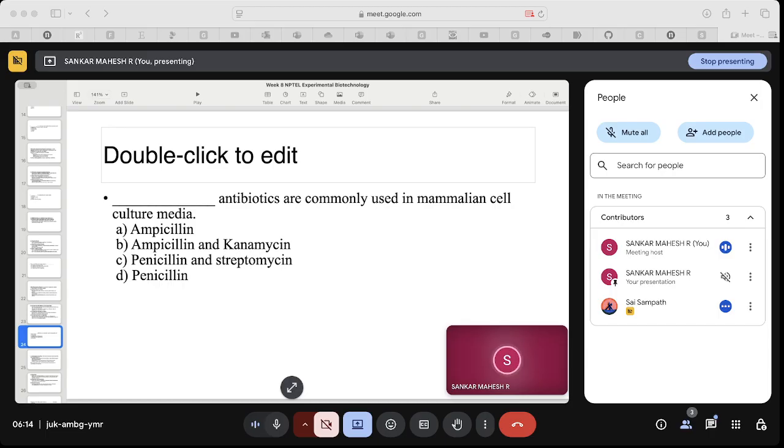So why not ampicillin, kanamycin? Ampicillin is used for cloning purposes, selective cloning, selection of bacteria that take up a particular clone. Does it mean that we cannot use ampicillin?